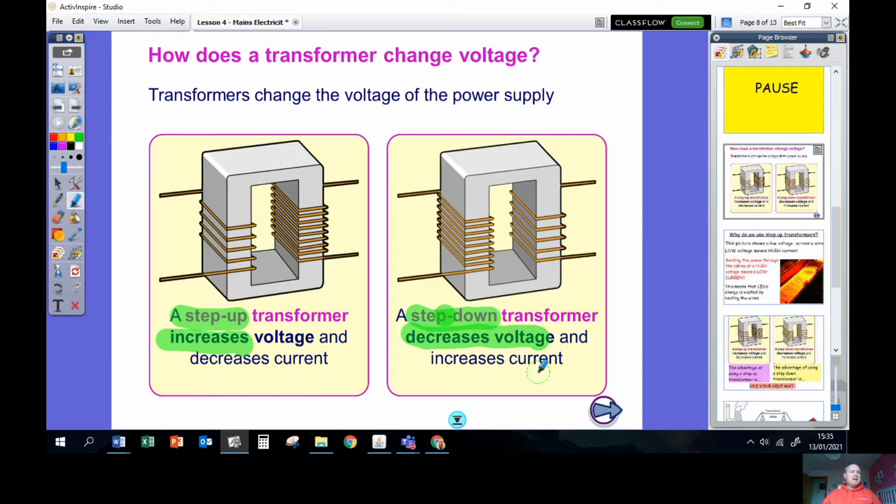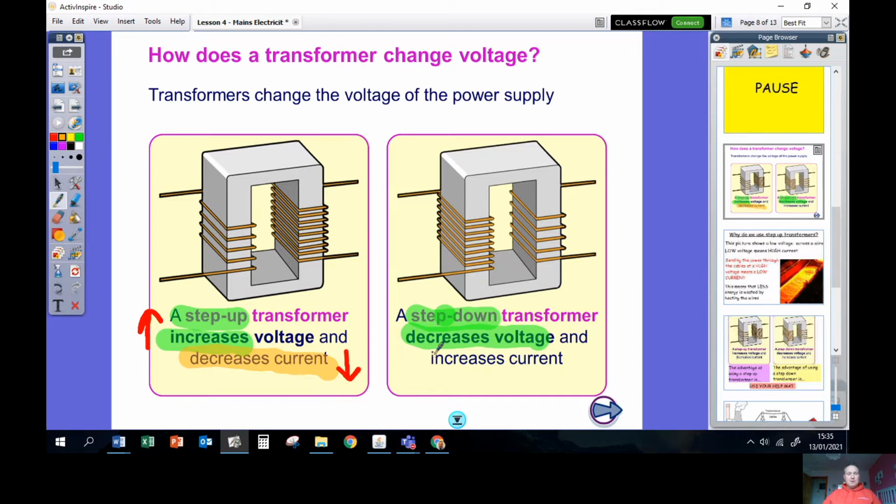But the special extra fact we need to say about the voltage is that whenever the transformer increases voltage, it decreases the current. So a step-up transformer is making the voltage increase, but the current decreases. The opposite happens with the step-down transformer.